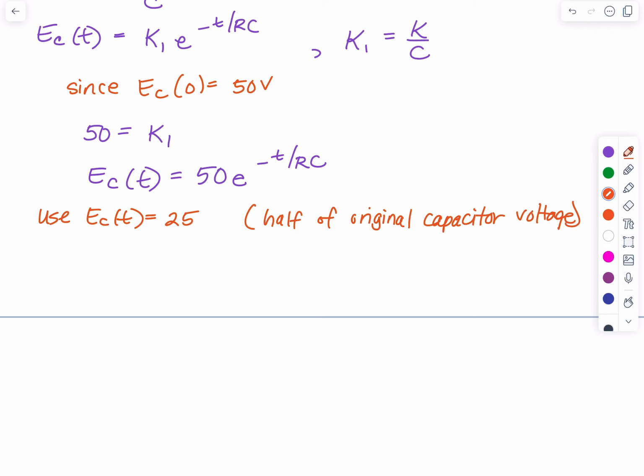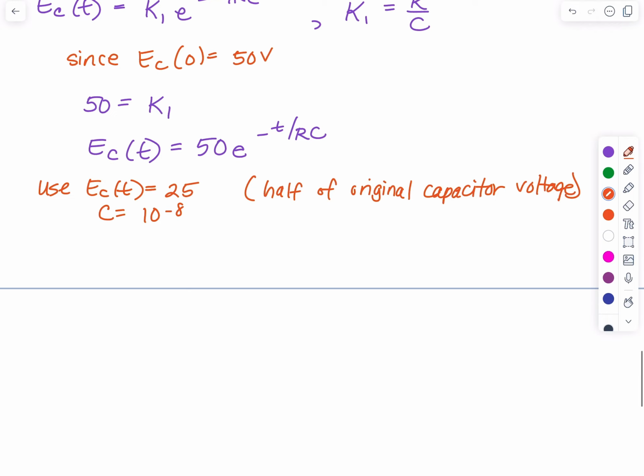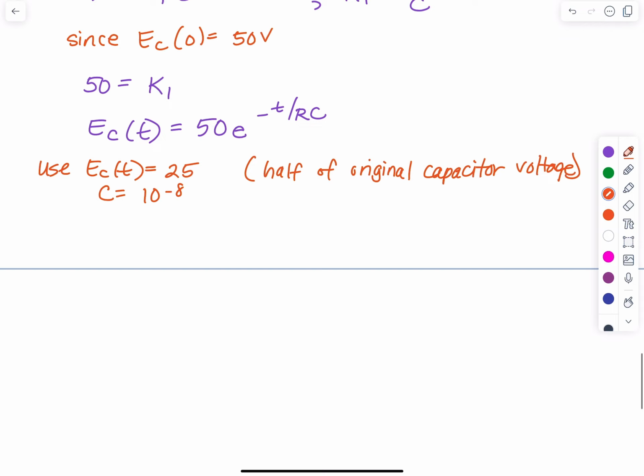And we'll go ahead and use C as 10 to the negative 8th, our capacitor.